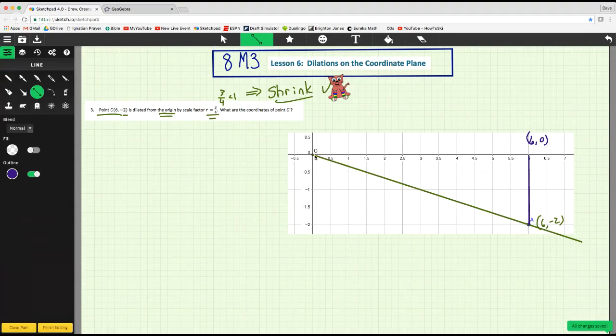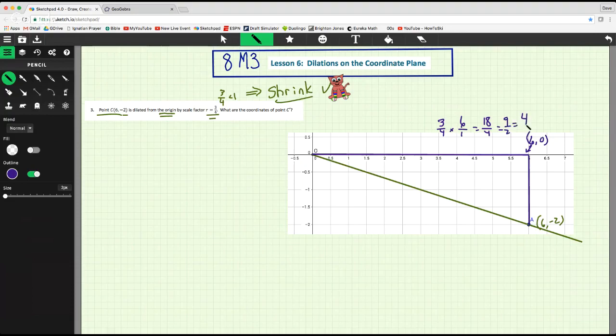And now it's easy for us to find 3/4 of the way along this line. 3/4 of the way along this line is 3/4 times x, which is equal to 18/4, which is equal to 9/2, which is equal to 4.5. So here is our point.